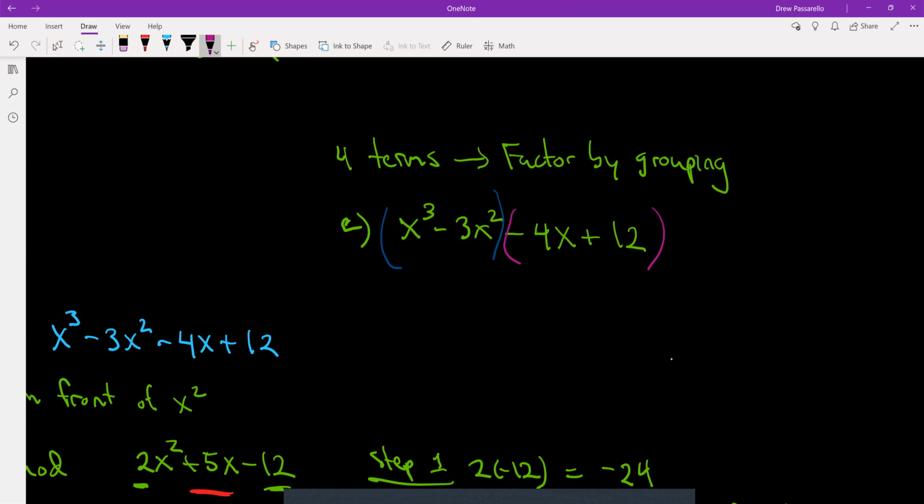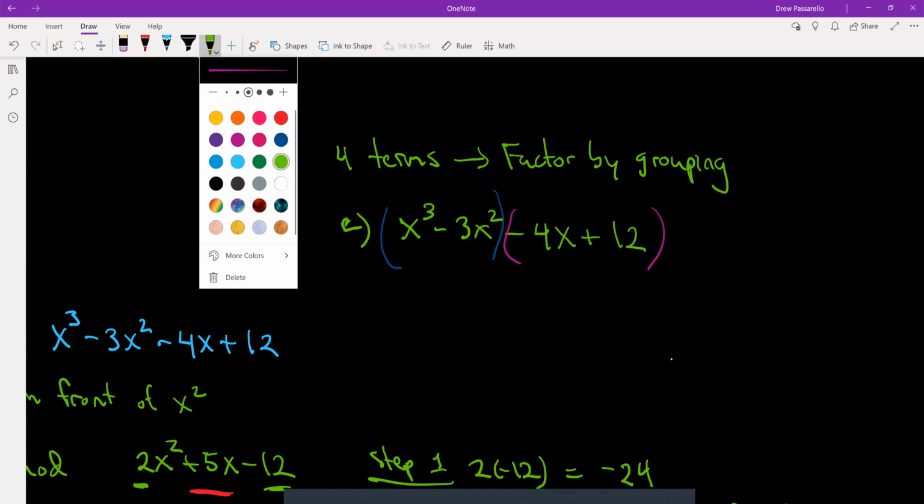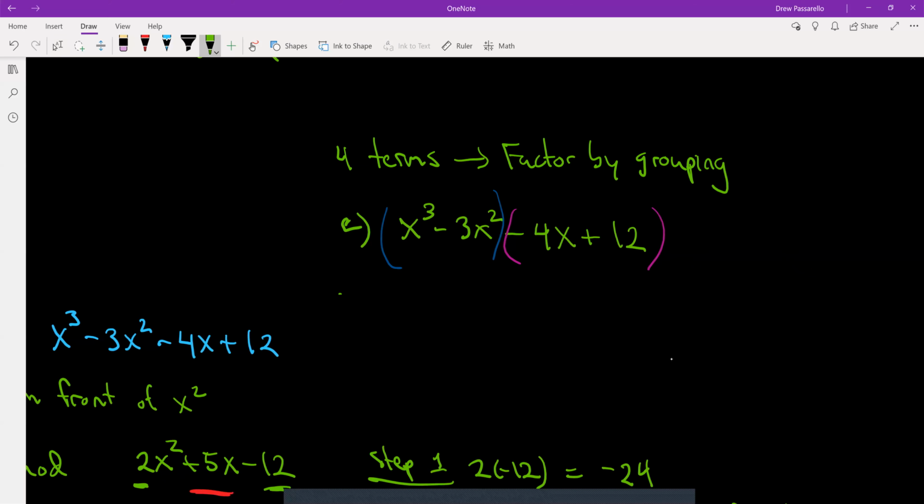The first group, x cubed minus 3x squared, they share x squared. That's going to turn into x minus 3. The second group, I can have 2 possibilities. I could either factor out -4, or I could factor out +4.